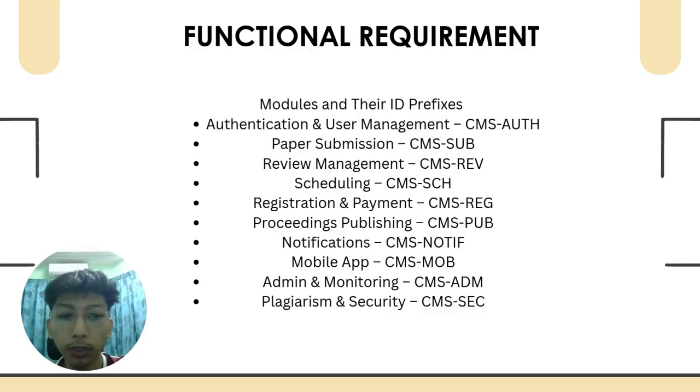We have 10 main modules that make up our conference management system. The first one is authentication and user management, and then paper submission, review management, scheduling, registration and payment, proceeding, publishing, notification, mobile apps, admin and monitoring, and the last one is plagiarism and security.